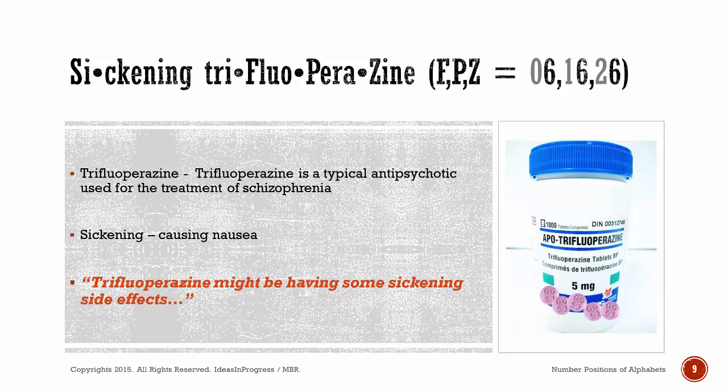You can remember this mnemonic with the image of the drug trifluoperazine on the right. Trifluoperazine is used in the treatment of schizophrenia, and it has some side effects, probably nausea. So trifluoperazine might be having some sickening side effects. Sickening trifluoperazine.